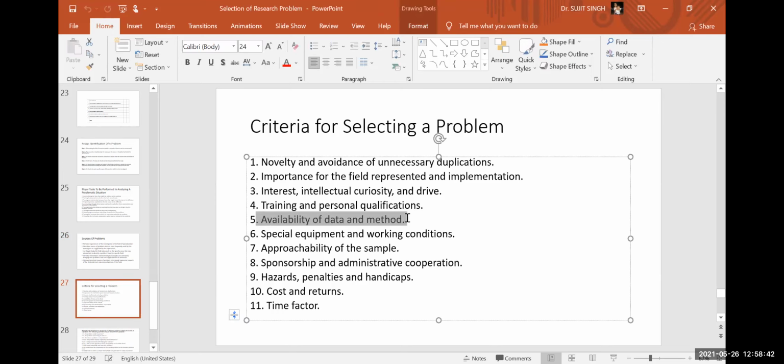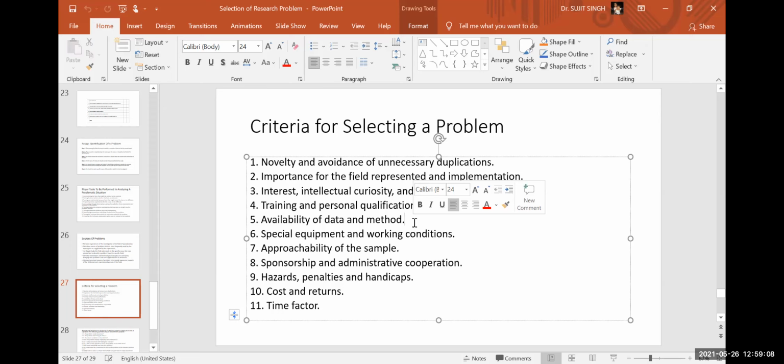You should not select a method or problem for which data availability is a problem or the method is not available to you. Like I told you earlier, don't take a problem like manufacturing a rail engine. That is a very big problem. You don't have so much knowledge or the method or the machinery or infrastructure.